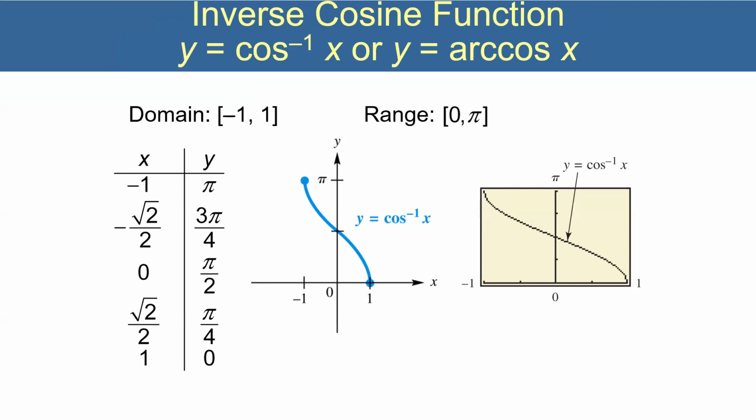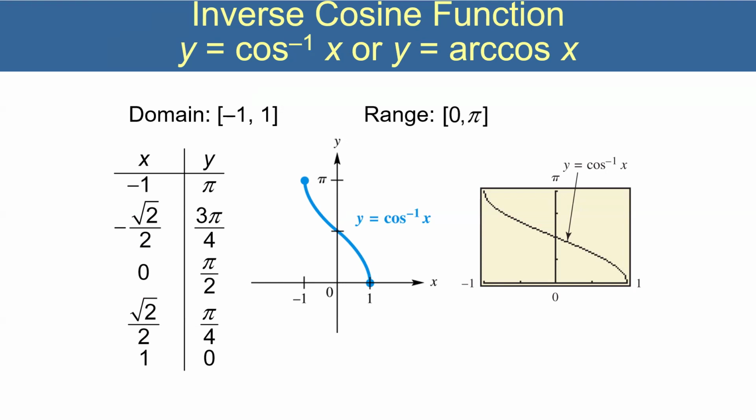For sine, is it just quadrant 1 or just that half? Sine is quadrants 1 and 4.